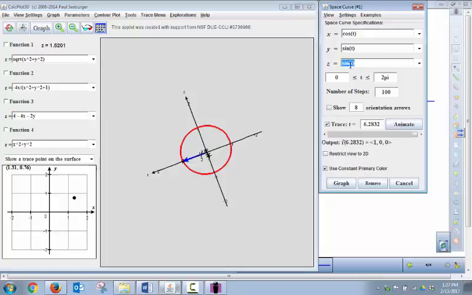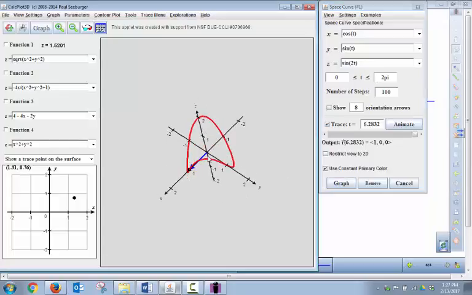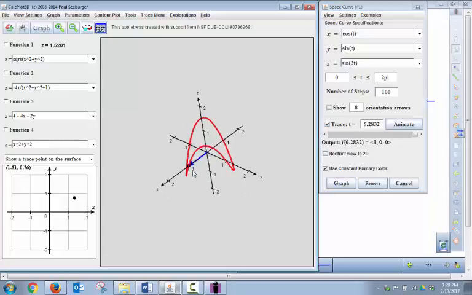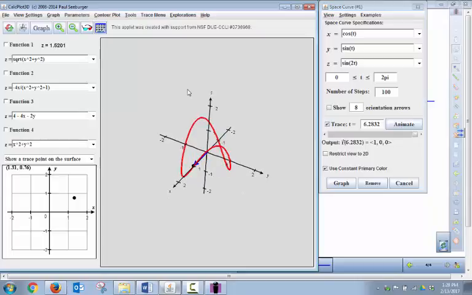So if we double that, I don't know if you guys notice, what does it look like? A Pringle? A saddle. It looks like a Pringle or a saddle.